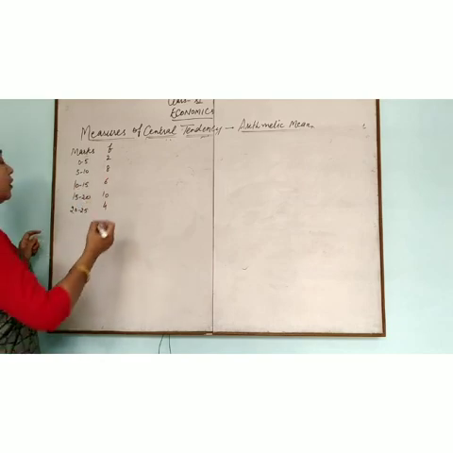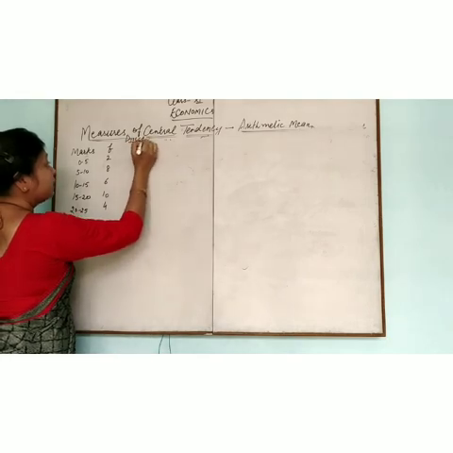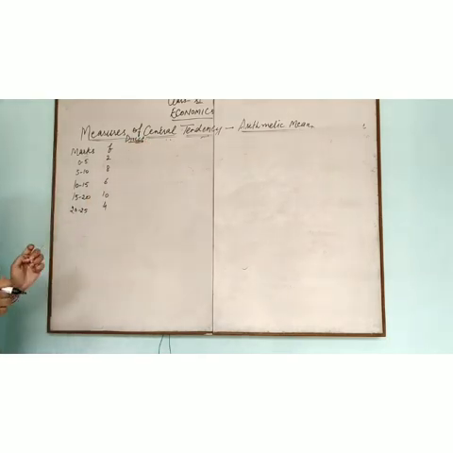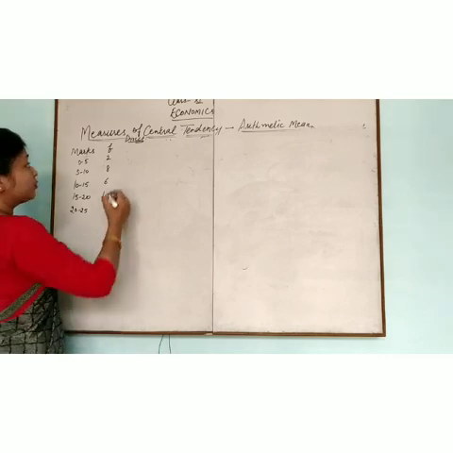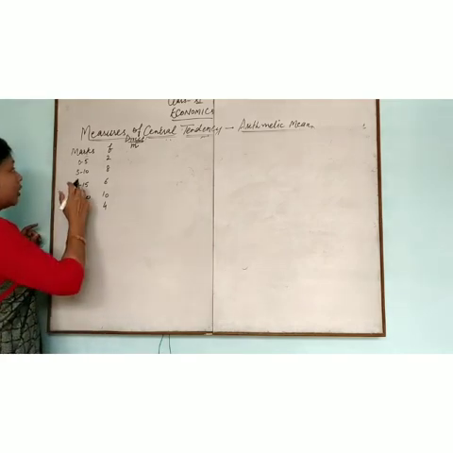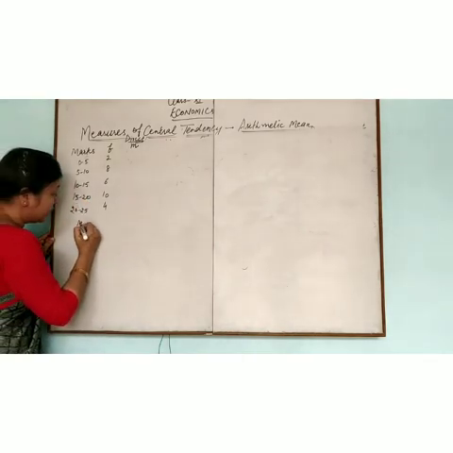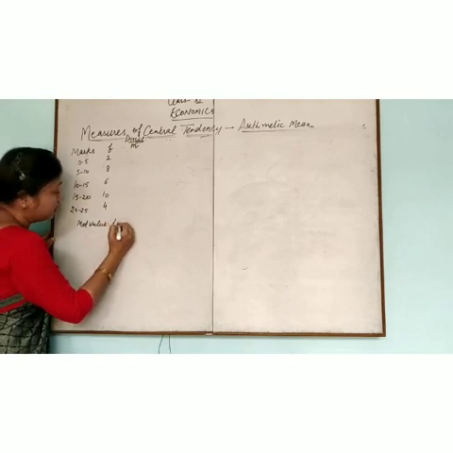So first of all we will discuss the direct method, how we can solve mean with the direct method. In a continuous series, first of all we calculate the mid value. How can we calculate the mid value? The formula of mid value is lower limit plus upper limit divided by 2.